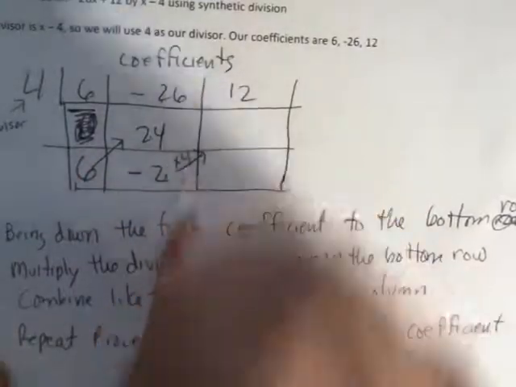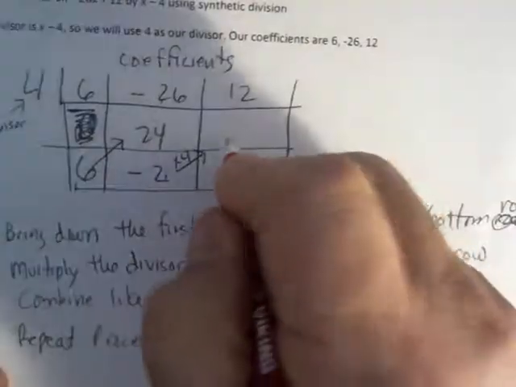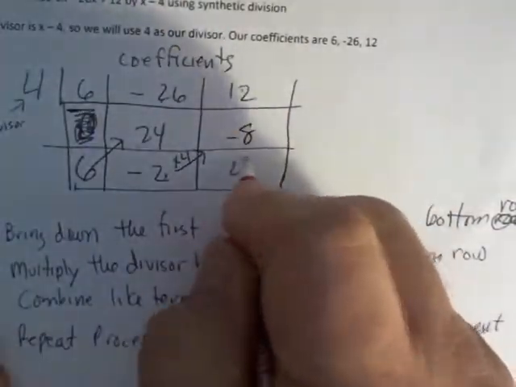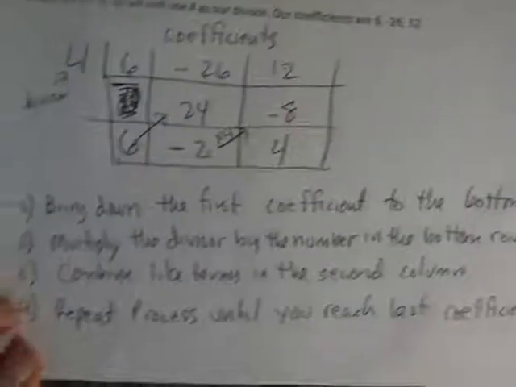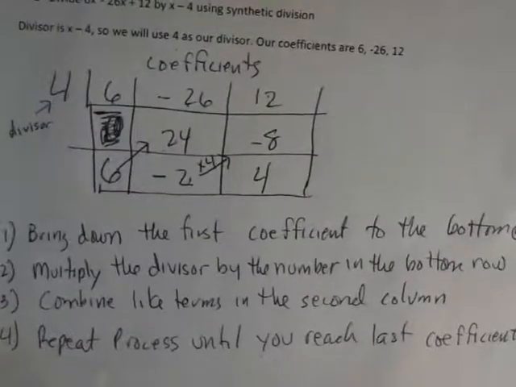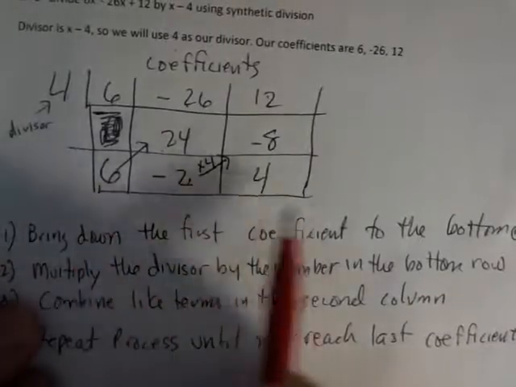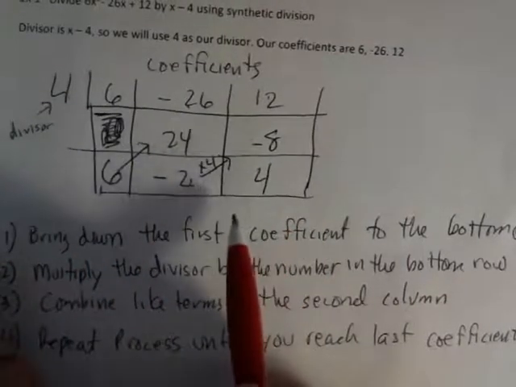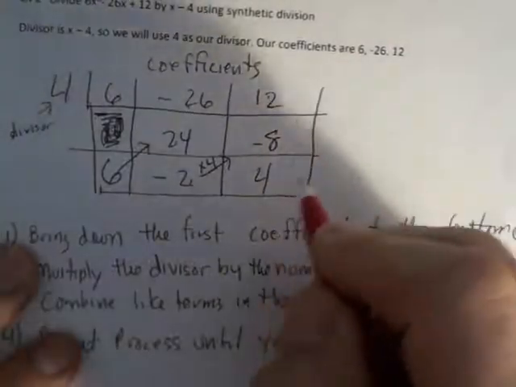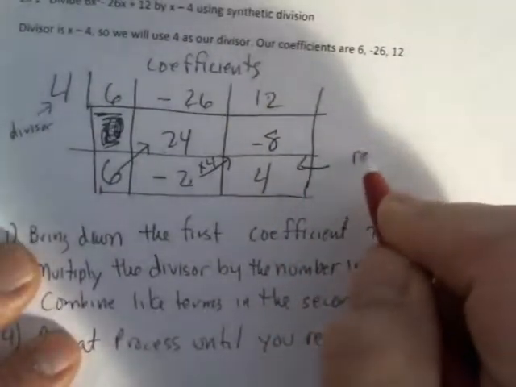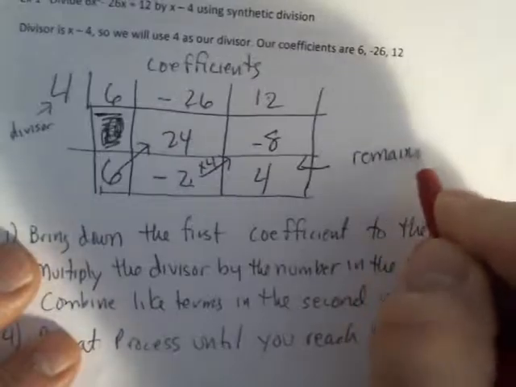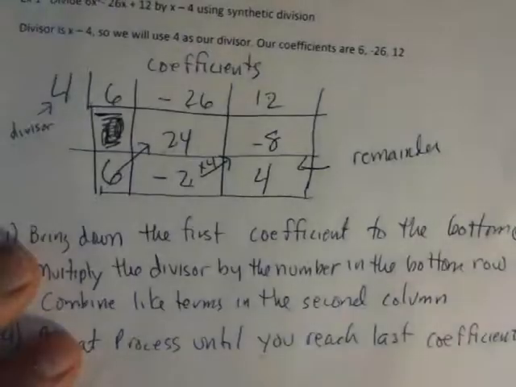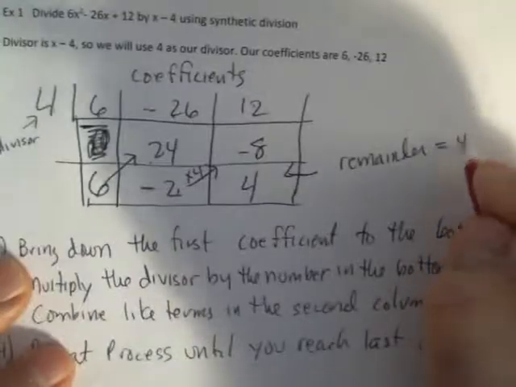So I'm taking that negative 2 times 4 again, and I get negative 8. 12 and negative 8 is positive 4. So what do we know here? Well, one thing I know is that the last number, this is my remainder, is 4.